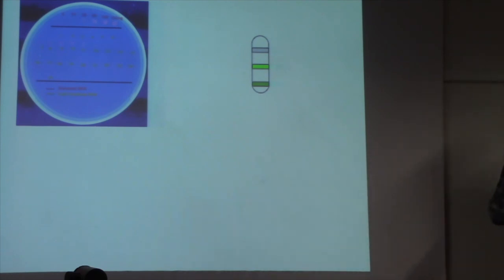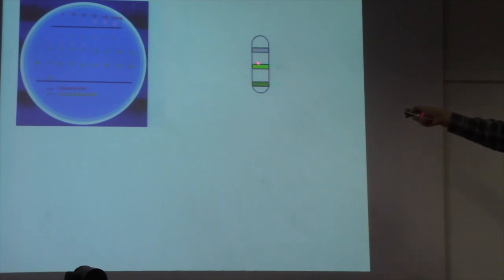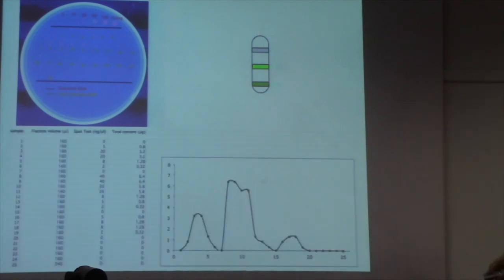You have unknown amounts of DNA, but if you have a reference scale, you can fairly easily determine the exact amount. And so these drops are put on the plate in the same order in which they come out of the tube. That is first drop, second drop, third drop, and so on. And so you can reconstruct the density of the whole tube by doing this.